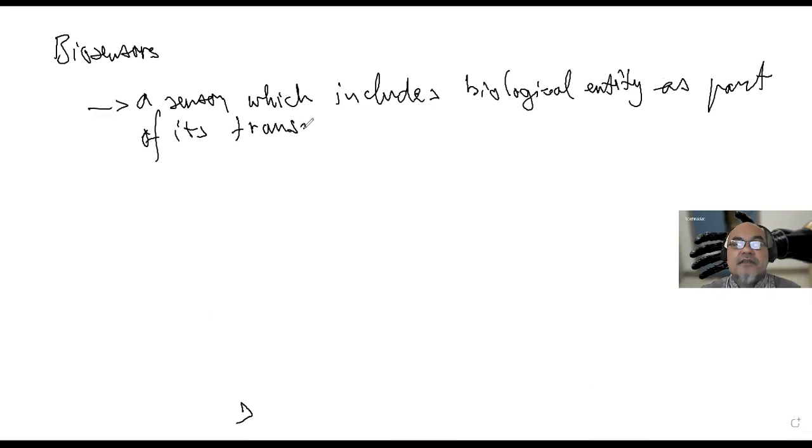So the question is, why would we need to have a biological entity included as part of the transducer in a biosensor?